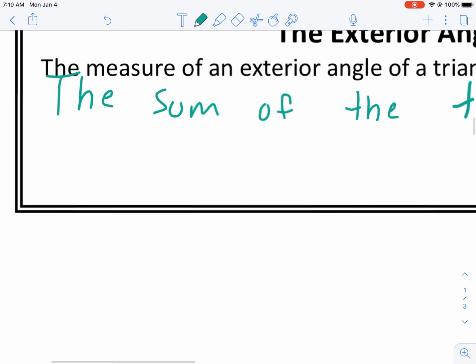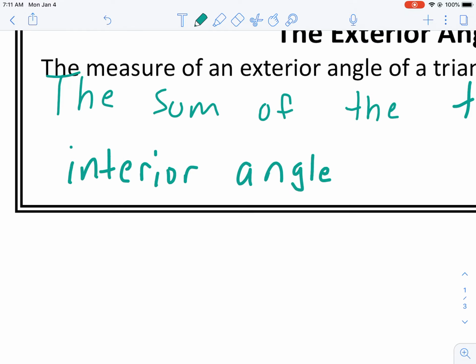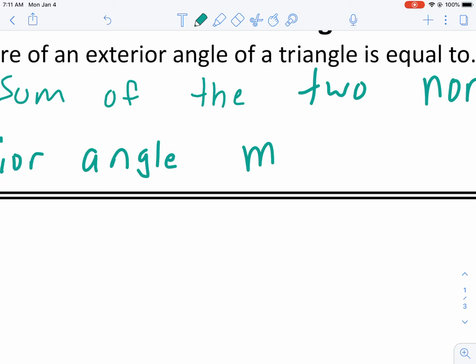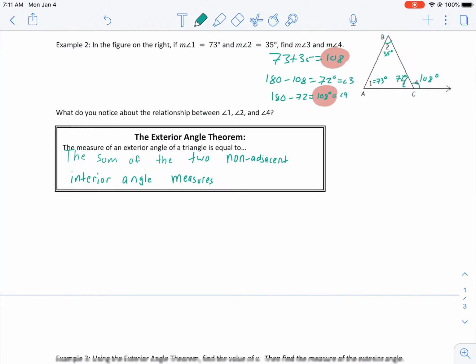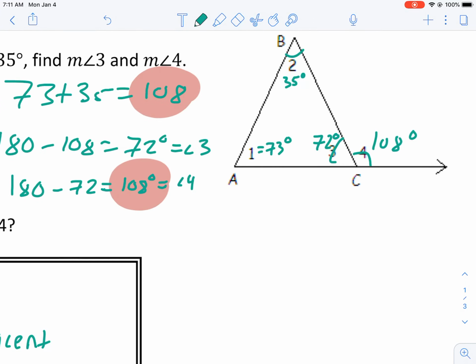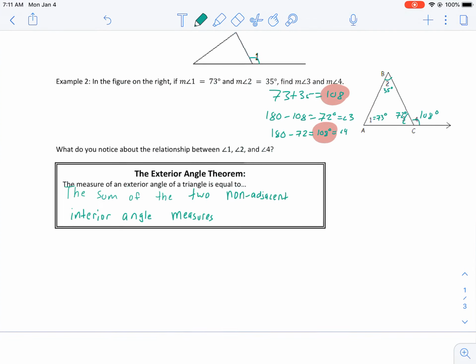Remember, adjacent means next to, so it's the sum of the two interior angles that are not next to it. And so what that does is, 4 is equal to 1 plus 2, right?